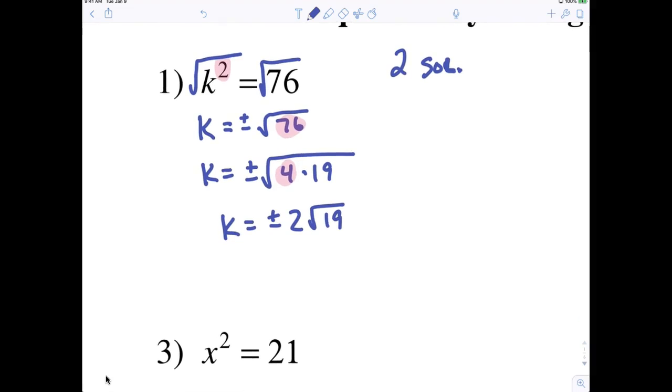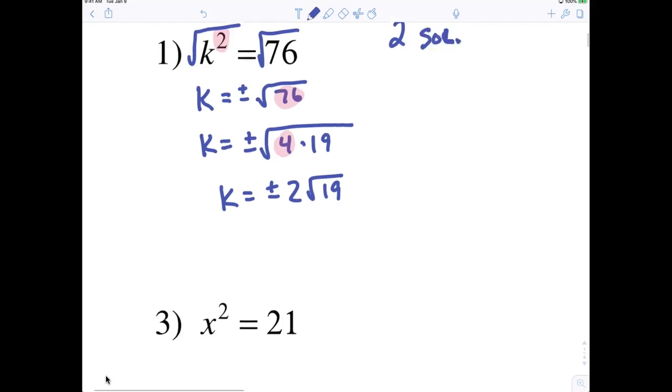All right, so that's a lot of review right off the bat, breaking down the square root of 76. Now remember what I try to emphasize. Try to ask me a question now if you don't remember something. Nobody has any issues.